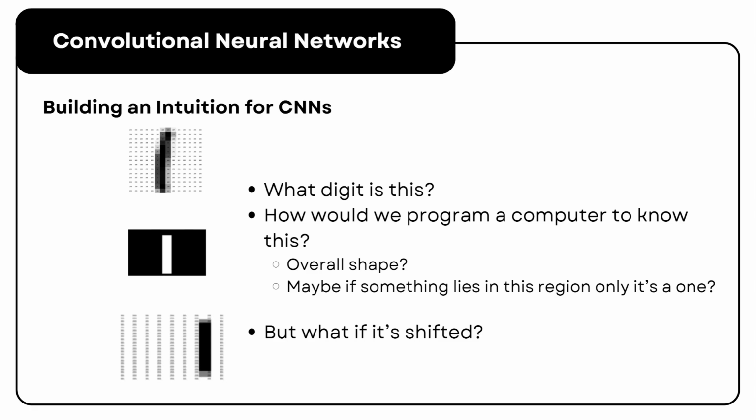You know all the symbols and all the letters. So, how did you know this is the number one? How would you tell a computer to actually figure out what it is? Was it the overall shape?